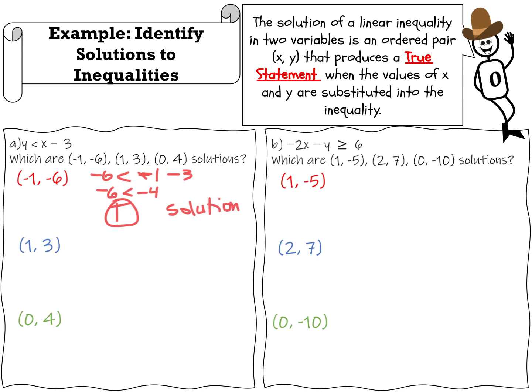Okay, next one, we have the point (1, 3). So if we put 3 in for y, less than 1 in for x, minus 3, is 3 less than 1 minus 3, -2? This is false. So because this is false, this is not a solution.